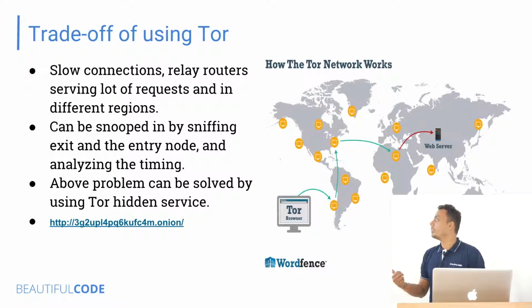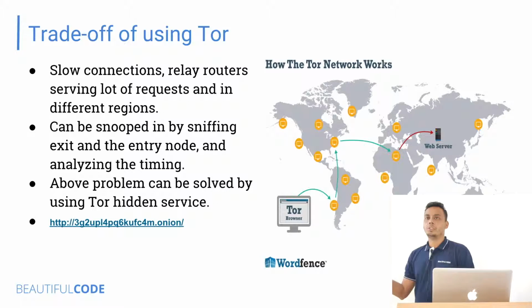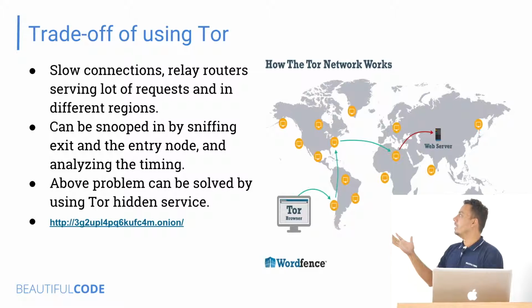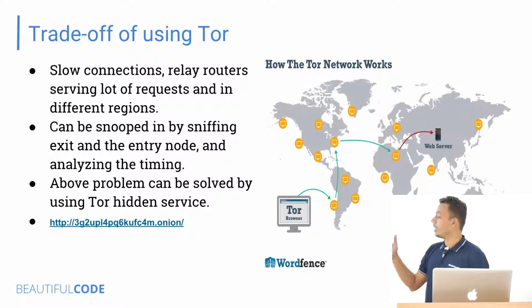The trade-offs of using the Tor network are that you will generally face slow connections, because you are using multiple routers which may be located throughout the globe, and they might be routing many other traffic flows as well.